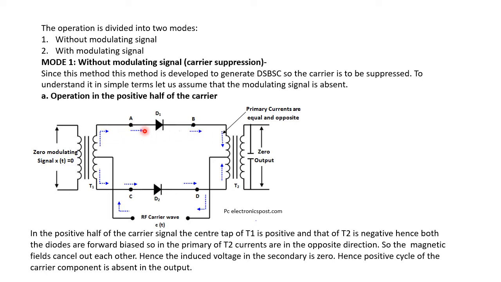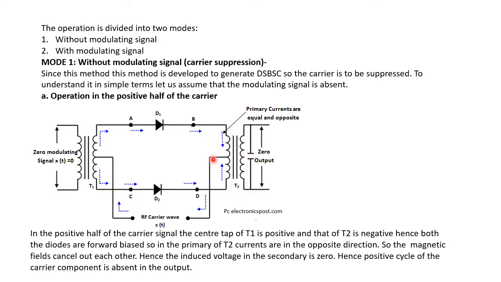This is the direction of current, or in other words, we can say that the current through the diode D1 is flowing in the clockwise direction. If we consider the diode D2, then the arrows in the lower part of the circuit are showing the direction of current through the diode D2, and the current is flowing in the anti-clockwise direction through the primary of the transformer T2.